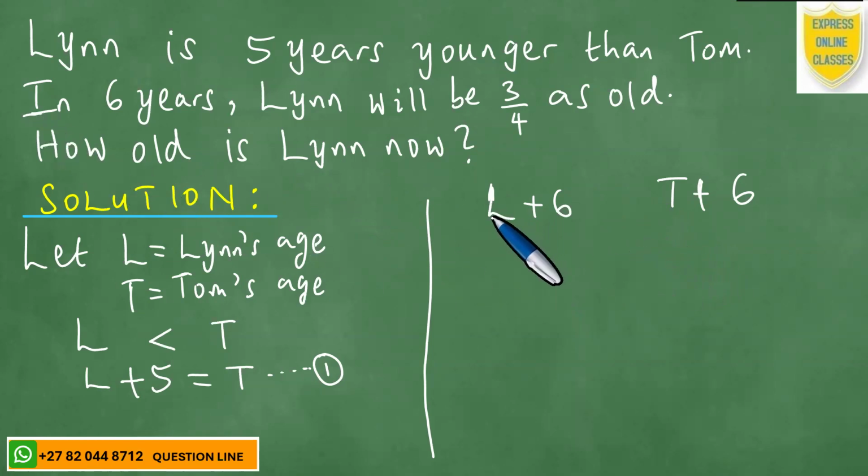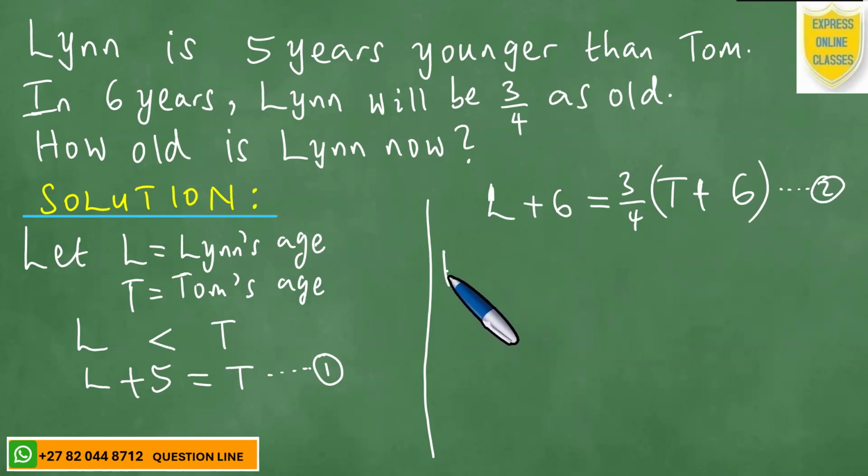Lynn, the younger one, will be 3/4 as old as Tom will be in 6 years. We call this the second equation.